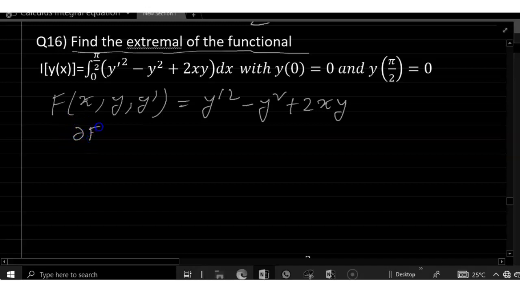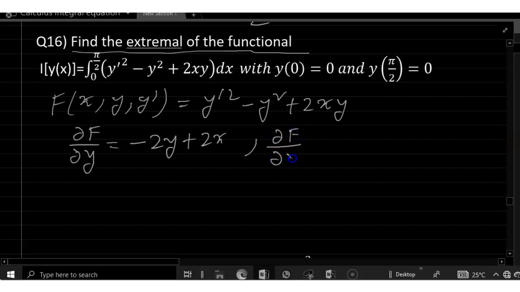So del f by del y equals minus 2y plus 2x, and del f by del y dash equals 2y dash.